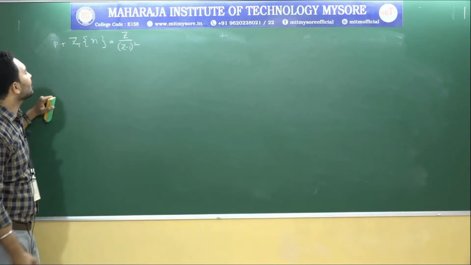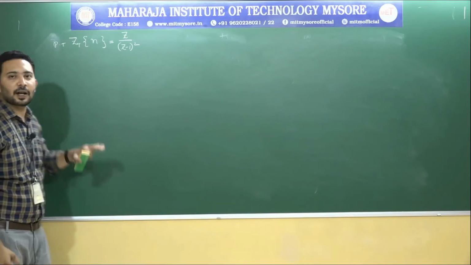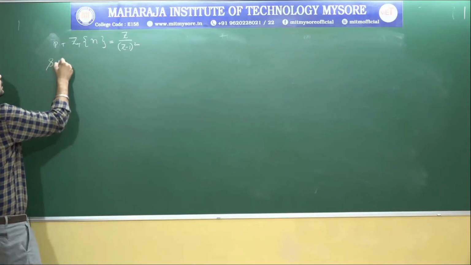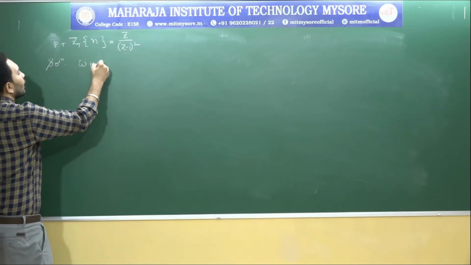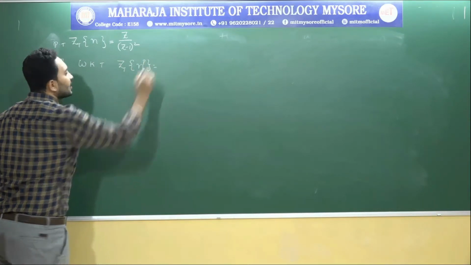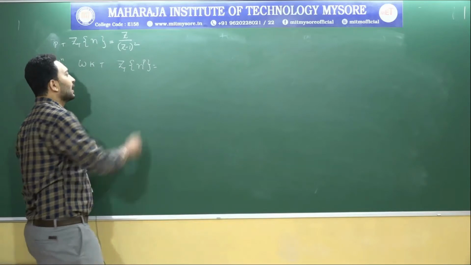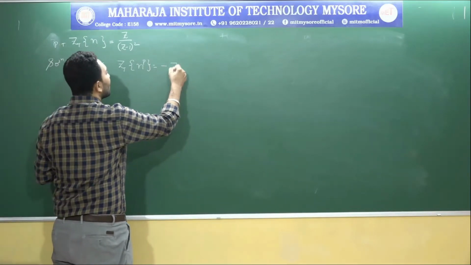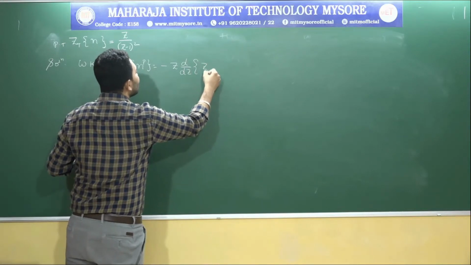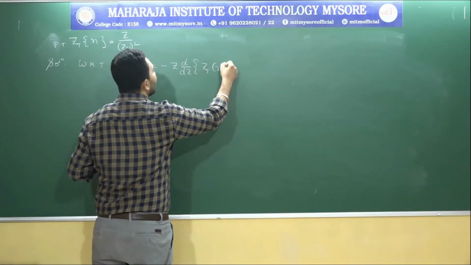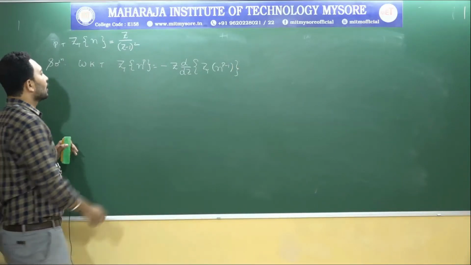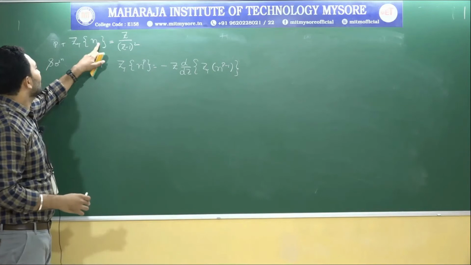So to prove the z transformation of n, we require the result of the previous problem, that is the z transformation of n power p. Just now we have solved this problem, that is the z transformation of n power p is minus z into d by dz into the z transformation of n power p minus 1. So I need to prove the z transformation of n.